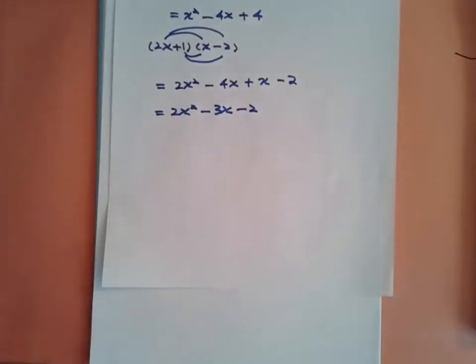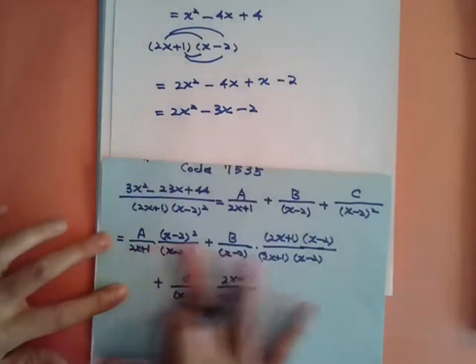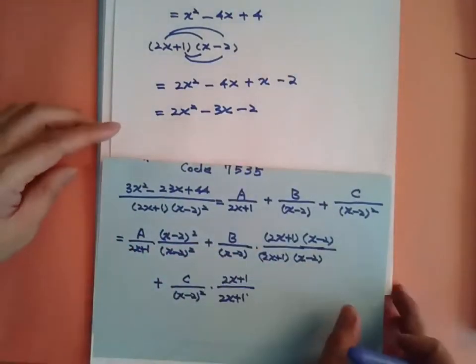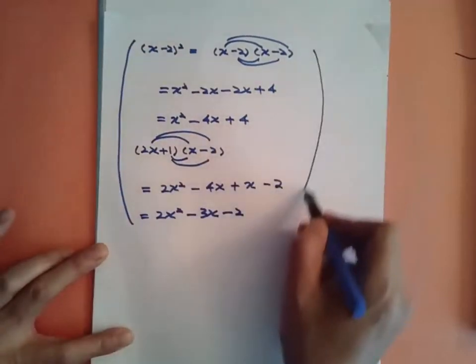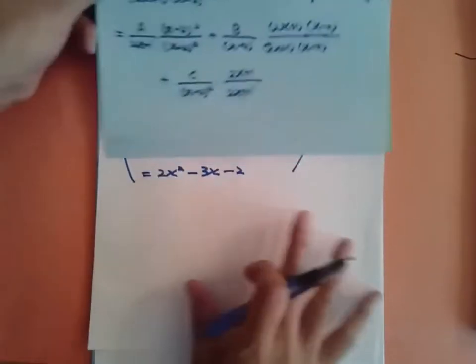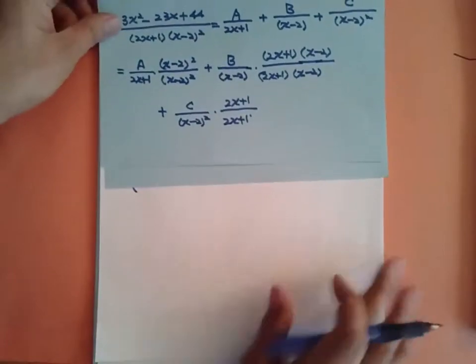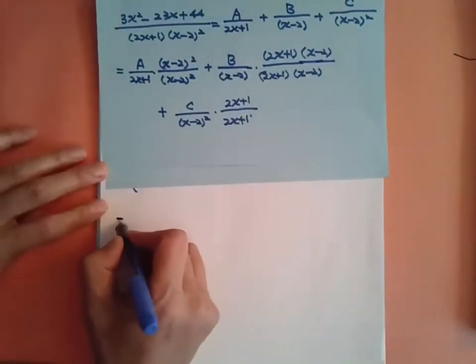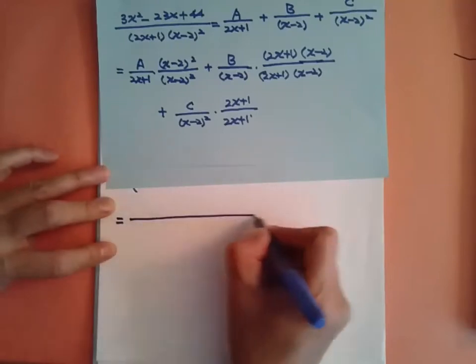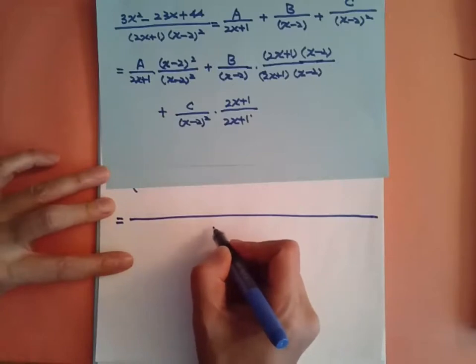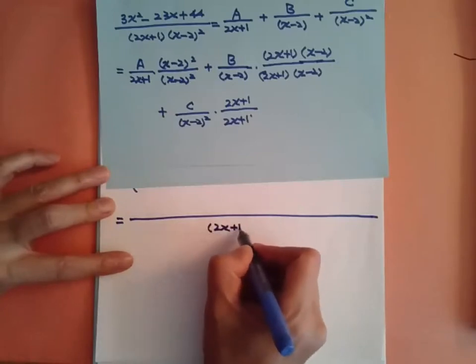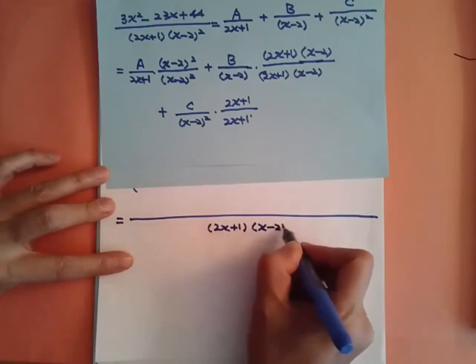Let's apply that to this fraction. So this is in the parenthesis. Then this will continue as the long fraction with common denominator 2x plus 1 times x minus 2 squared.